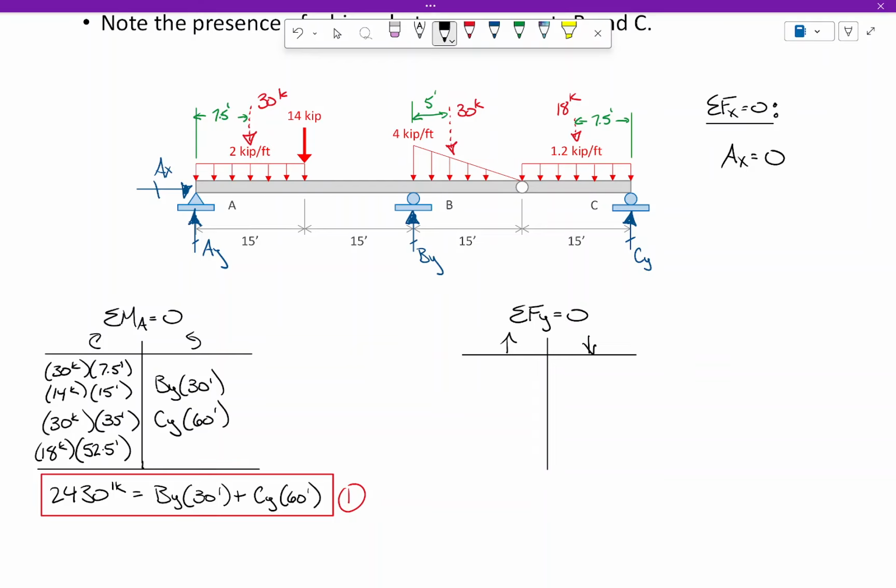All right, so what do we have going up? We've got AY, BY, and CY. What do I have going down? I've got 30, 14, 30, 18.